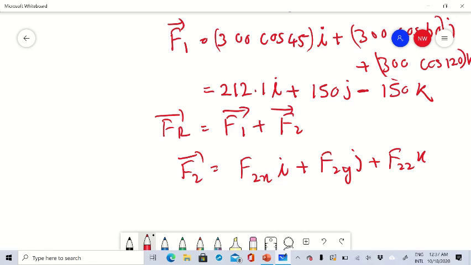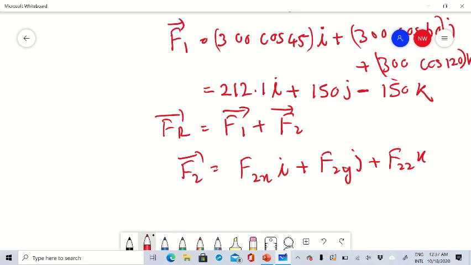F2x means projection of the F2 force in x direction. That is the magnitude, right? So F2y means projection of F2 force in y direction. F2z means projection of F2 force in z direction, right? So i, j, k are unit vectors along x, y and z directions, right?